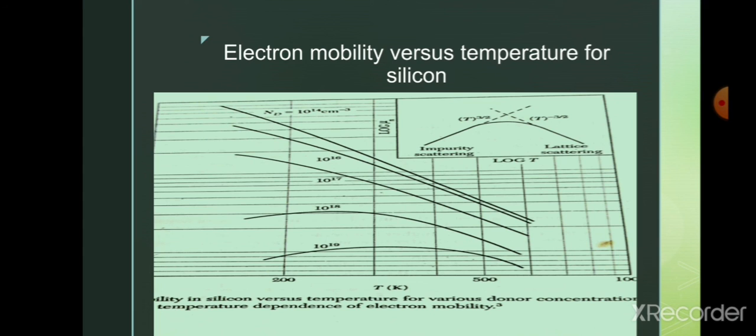For lightly doped samples, that is samples with doping of 10 to the power 14 per centimeter cube, the lattice scattering dominates. The impurity scattering is most pronounced at low temperatures. The mobility increases as the temperature increases, as can be seen for a sample with doping of 10 to the power of 19 per centimeter cube. For a given temperature, the mobility decreases with increasing impurity concentration because of enhanced impurity scattering.